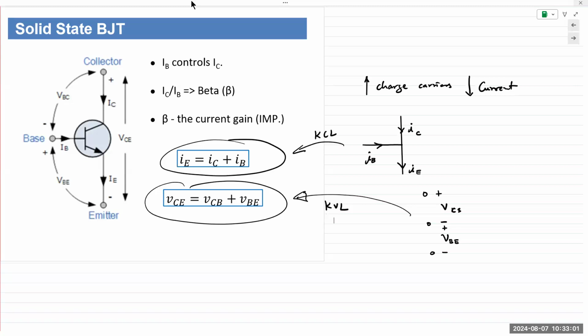We're just trying to say that the two voltages added up together give you VCE, and then the two currents summed up together give you the emitter current. So KCL and KVL. The question being asked was about whether the sign matters, whether we take VBC or VCB. The reference changes. Other than that, it's fine.